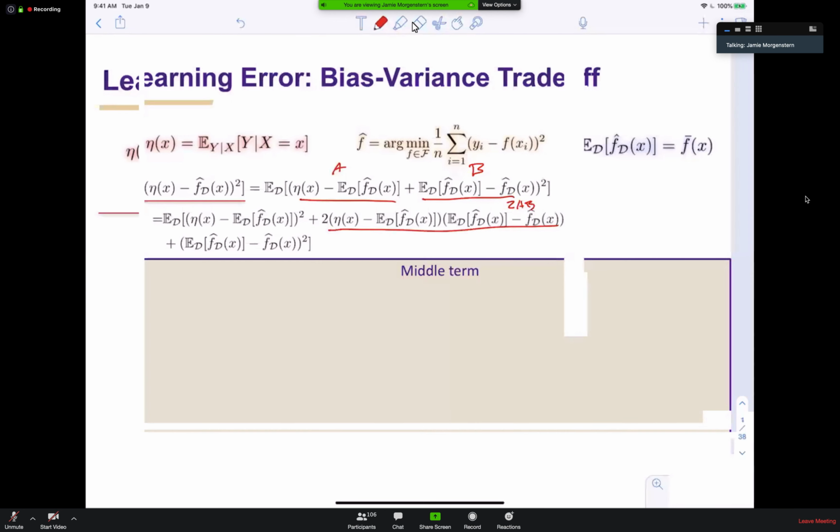I'm giving you a bit of a hint here: use the fact that the expected value over the sample we draw of f hat of d, I would recommend calling that f bar of x. I'm not going to work that out, but there's a very nice analysis you can do to show that this middle term should be equal to 0.